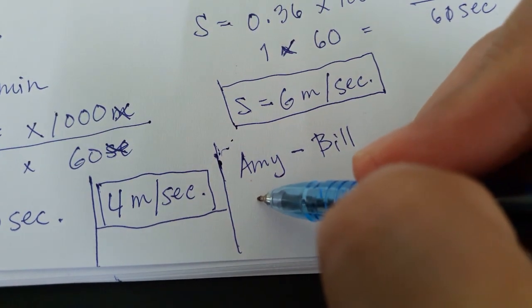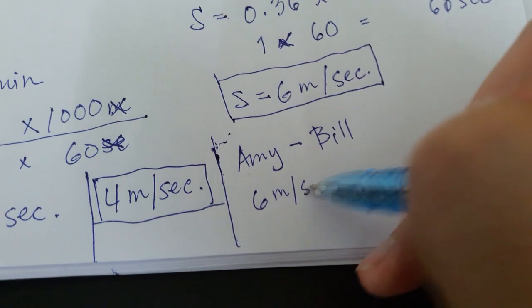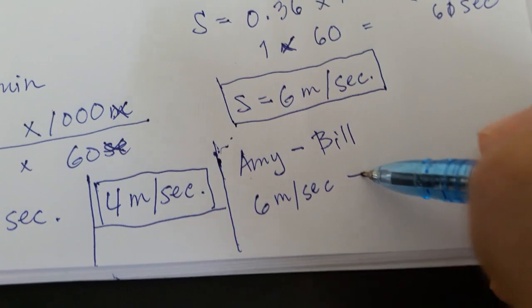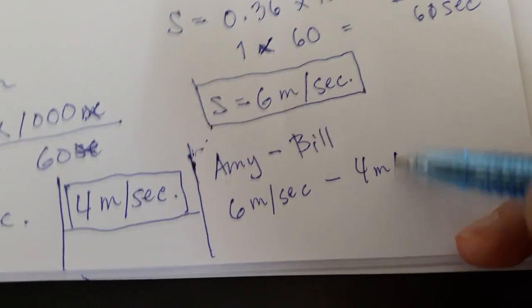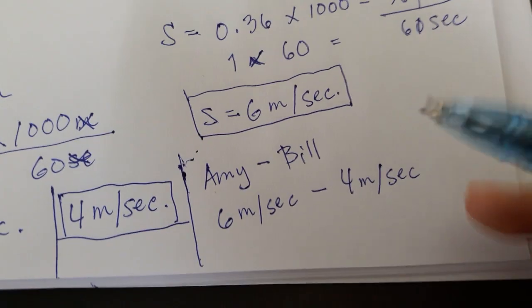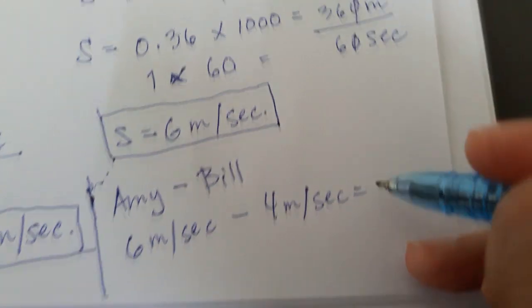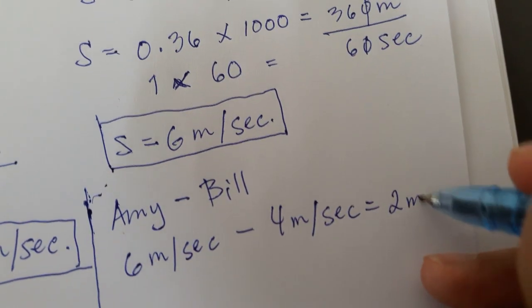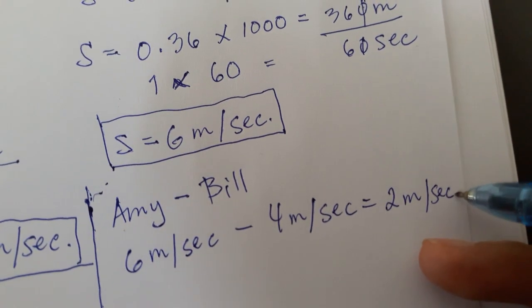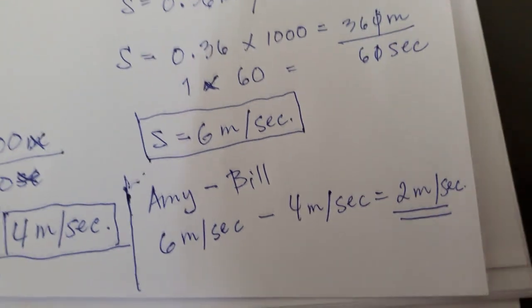So Amy is 6 meters per second minus 4 meters per second. So Amy is faster by 2 meters per second. And that's the final answer. Okay, let's proceed to number 2.